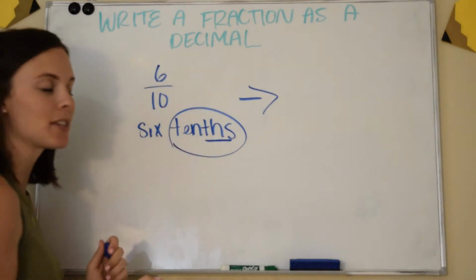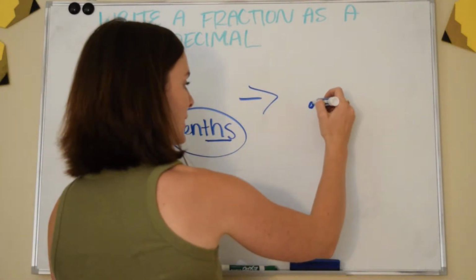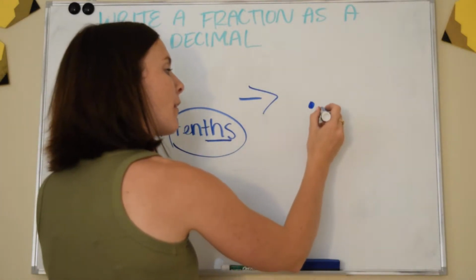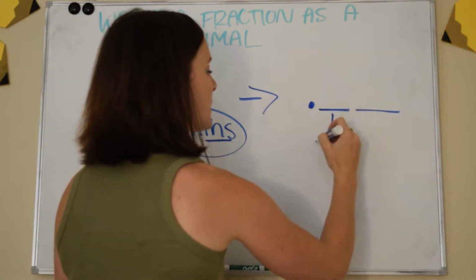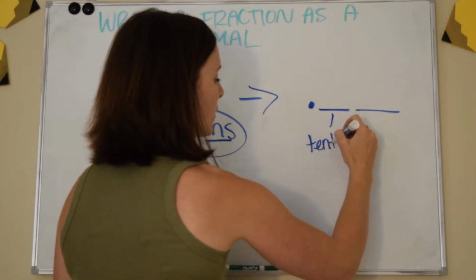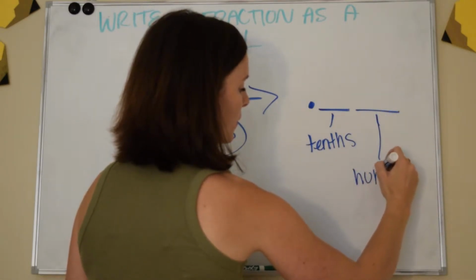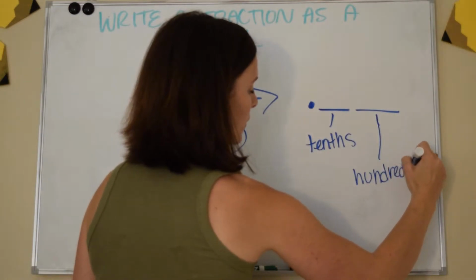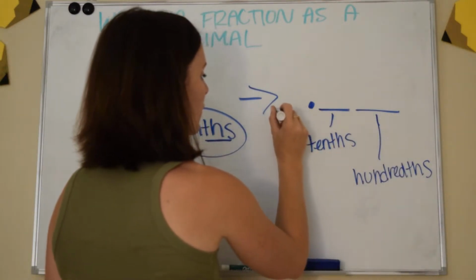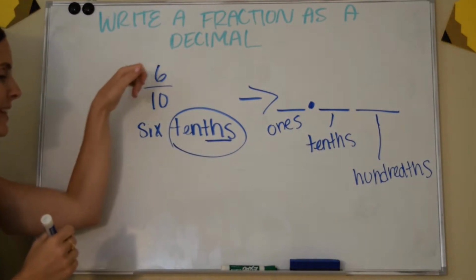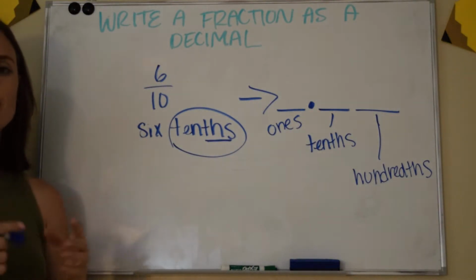If I have tenths, that's a hint that we're working with a decimal, right? Because if I have my place value chart, this is the tenths place. This is the hundredths. And over here are the ones. But I have six tenths, so I don't even have a whole.